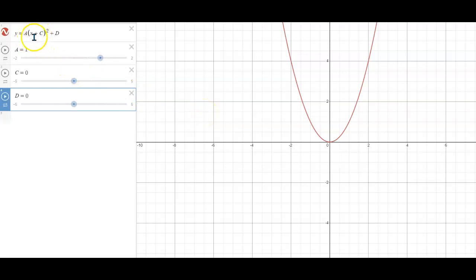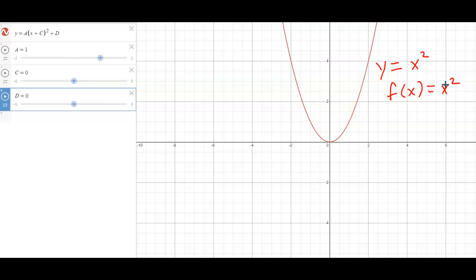So this is the base function, with 1 here, a 0 here, and a 0 here. So really what I've got graphed is y equals f of x. This is y equals x squared, or you could say f of x equals x squared.